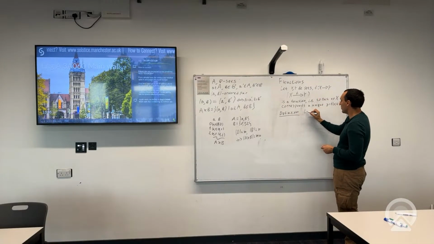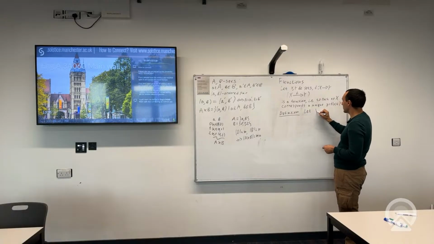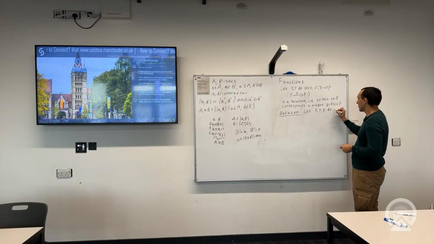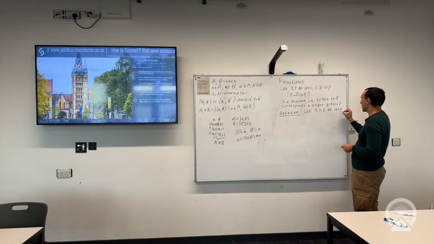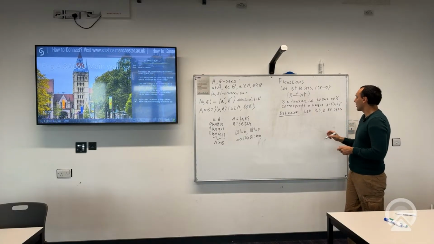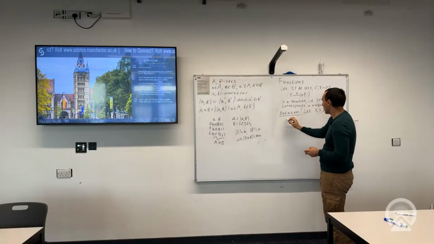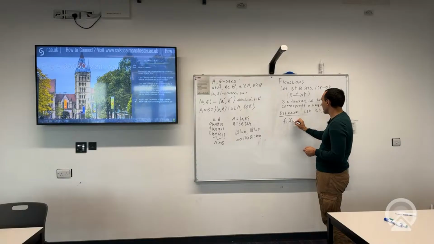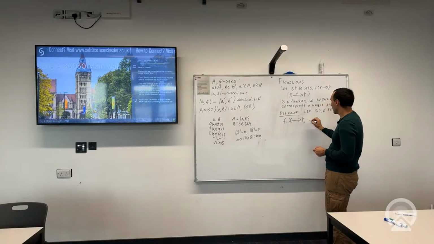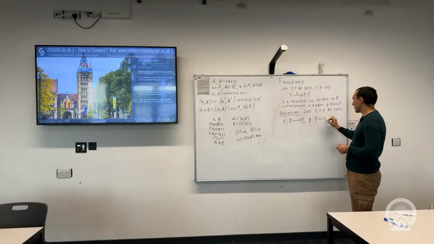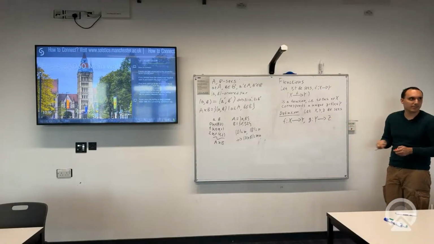Okay, now we start with three sets, and f is a function from X to Y, and g is a function from Y to Z. What can we do with that?